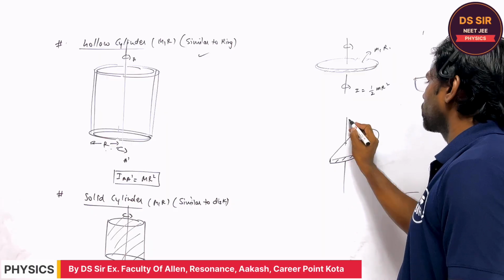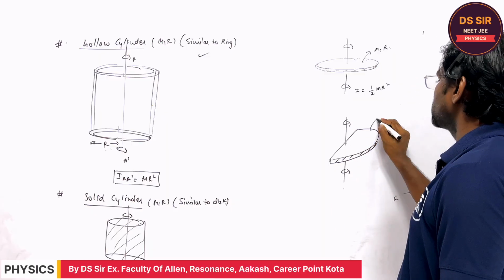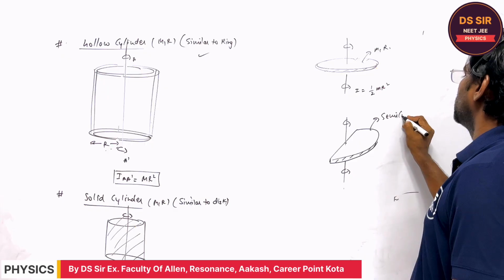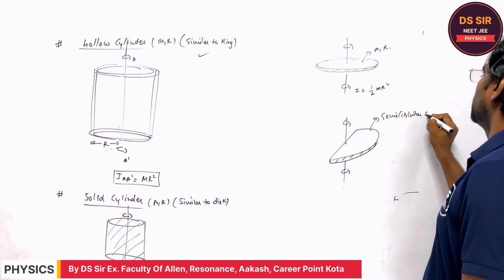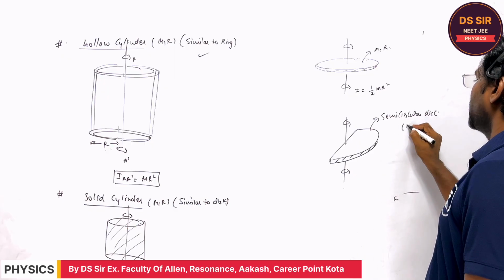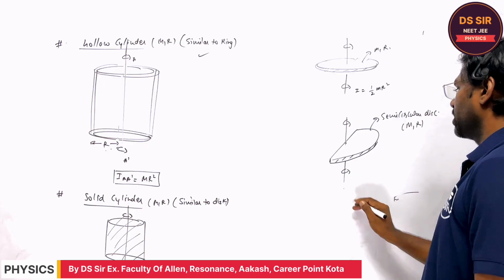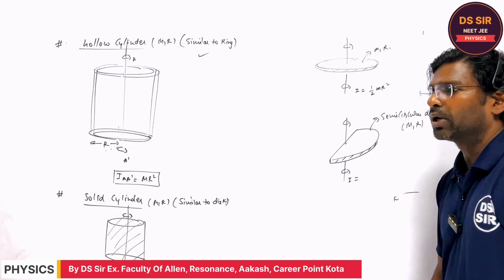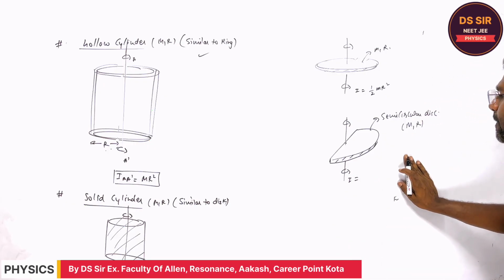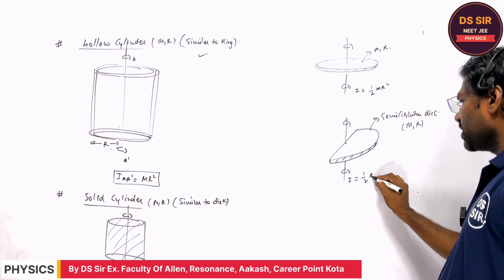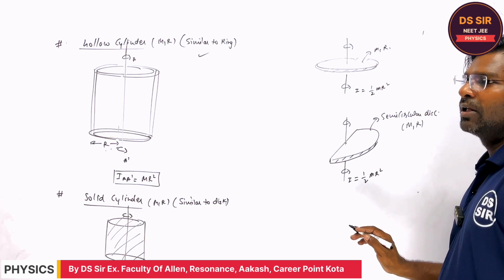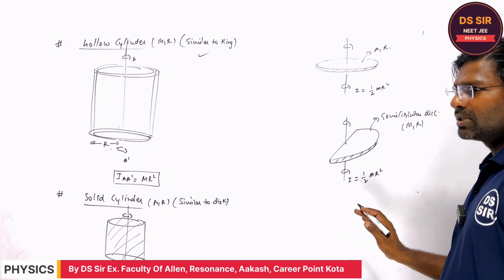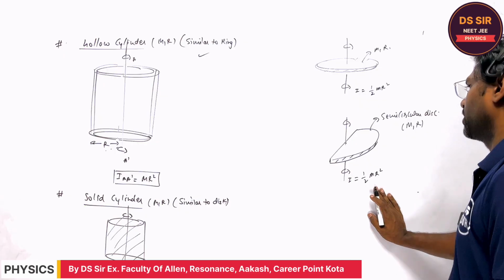This is the axis of rotation, and this is the semicircular disk, right? The mass m and the radius r. Then what is the moment of inertia? You tell. Should I explain this? Right, right.